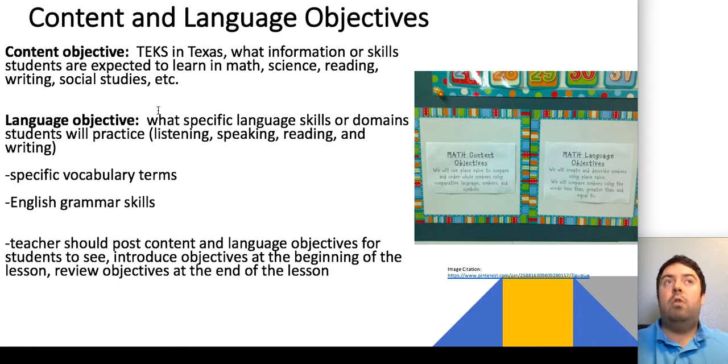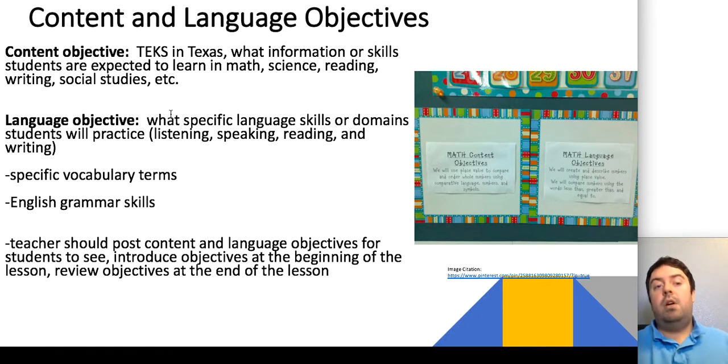Or students will learn the new vocabulary term array or area model or product. And so it's okay to have more than one content objective and language objective, but you don't want to have too many because that could be overwhelming for students.